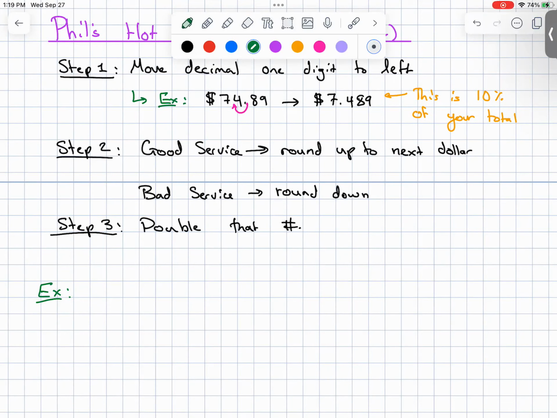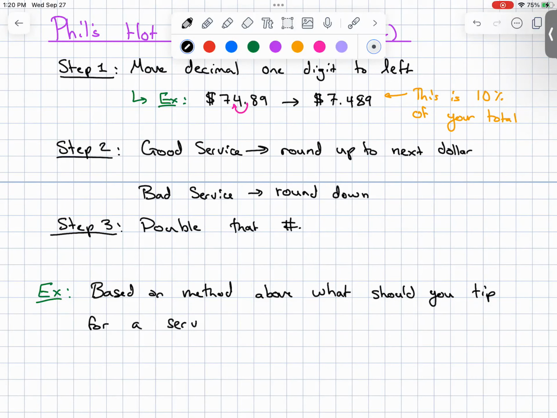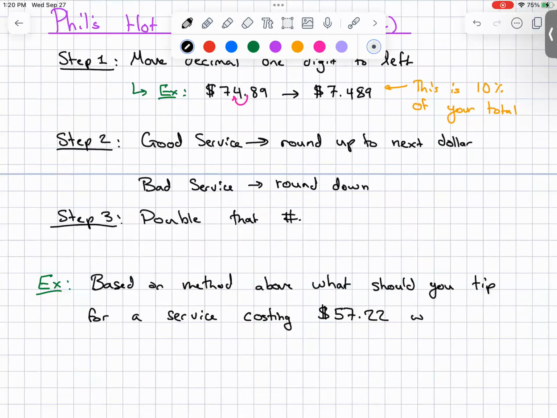So based on the method above, what should you tip for a service costing $57.22, your average venti Starbucks order, with good service?